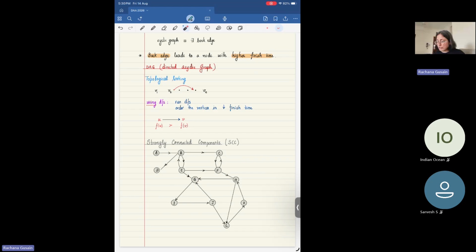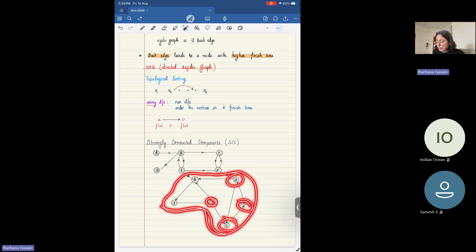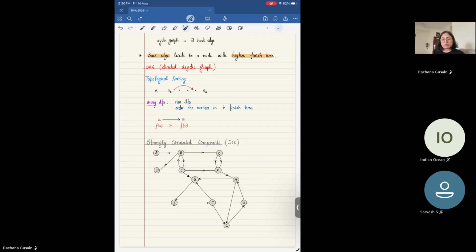So for instance, even if I include these three more vertices, if I take all these six vertices together, they also form a strongly connected subgraph. So as long as I can add more vertices to the smaller strongly connected subgraph that I begin with, I'll keep adding new vertices as long as it is strongly connected.